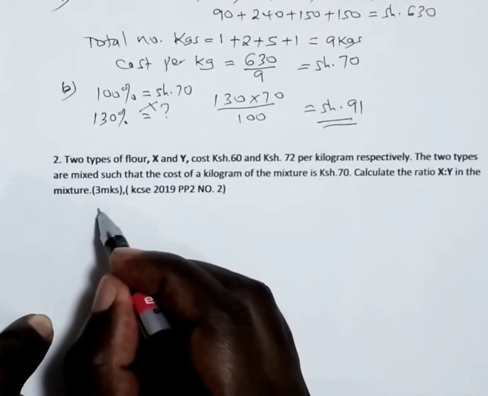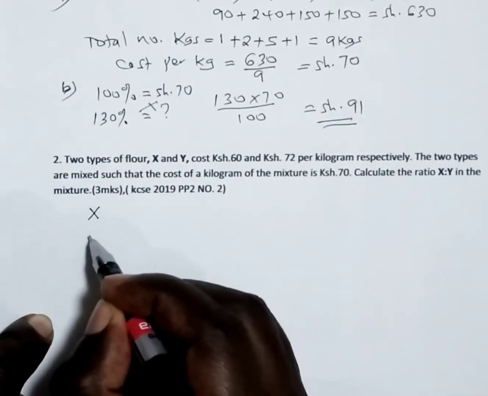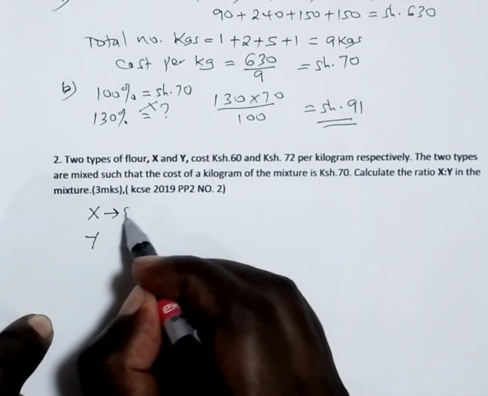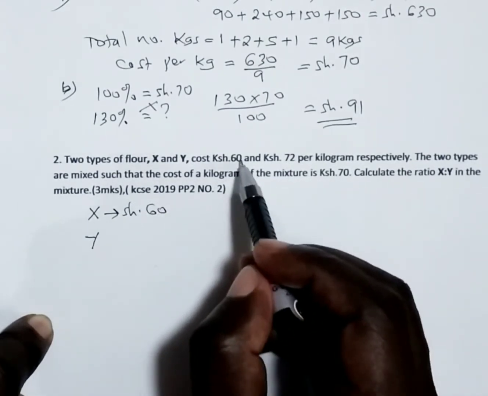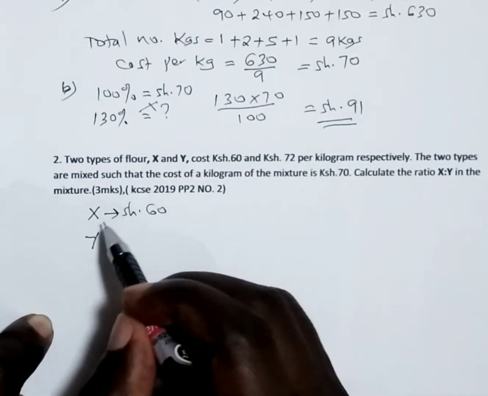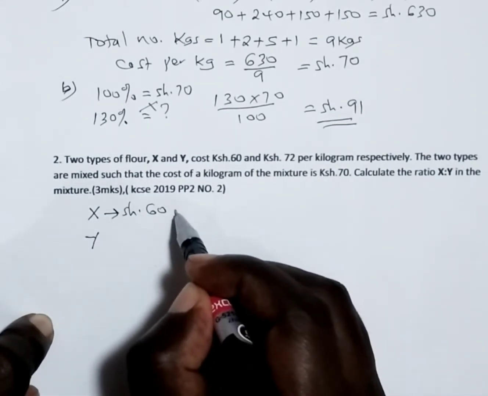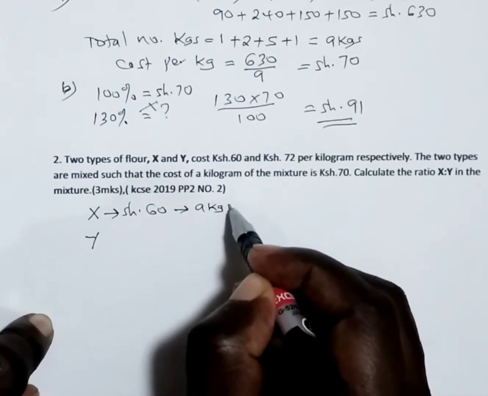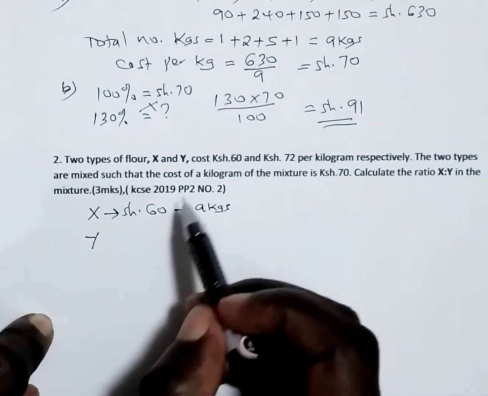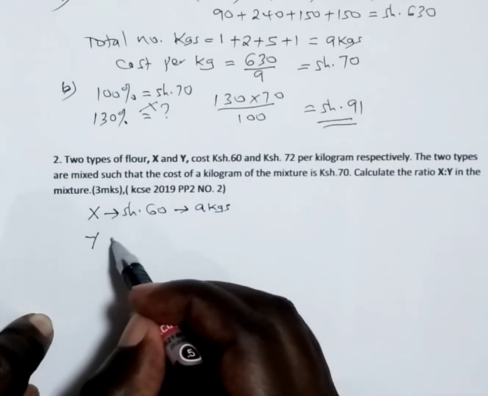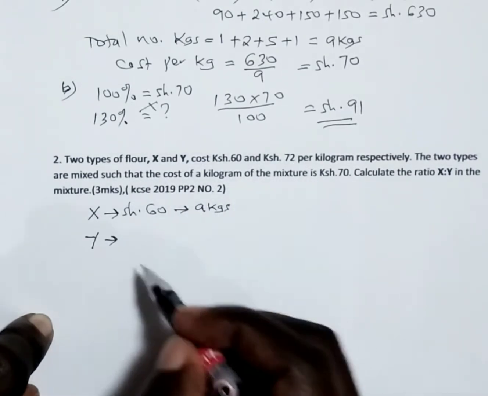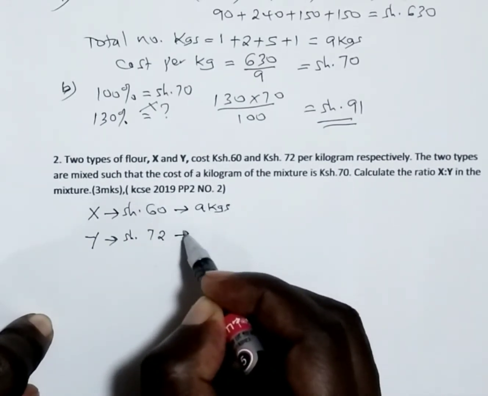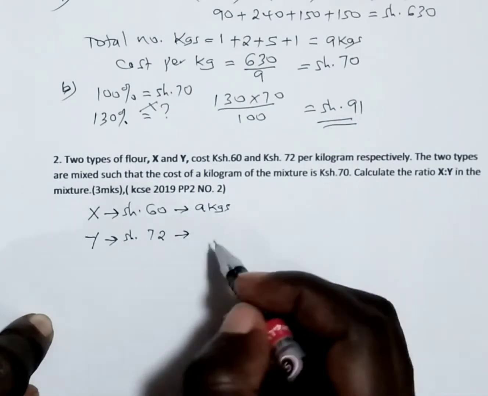We have two types, type X and type Y. Type X costs 60 shillings per kilogram, and since we do not know the number of kilograms of X that were bought, let us say we bought A kilograms. We have type Y, which costs 72 shillings per kilogram, and we do not know the number of kilograms of Y that were bought.